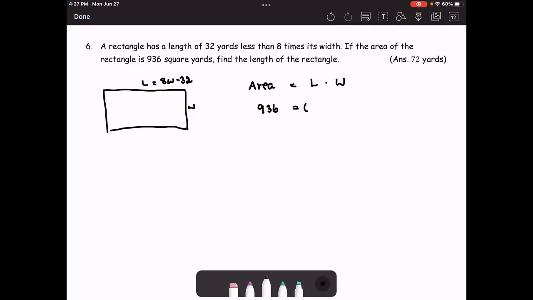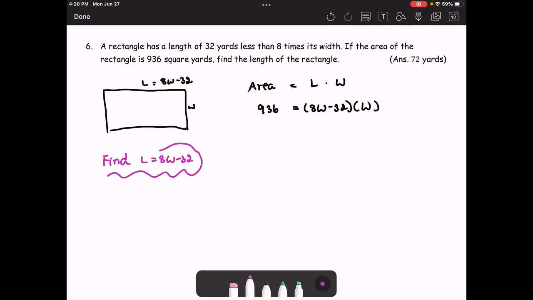The length is the expression 8 times W minus 32, multiplied by W. We are going to find the length, which is 8 times W minus 32, which is the end goal of the process.